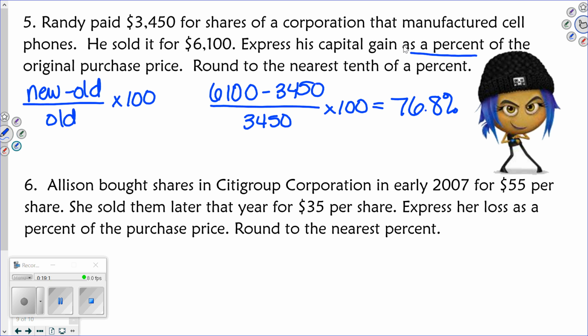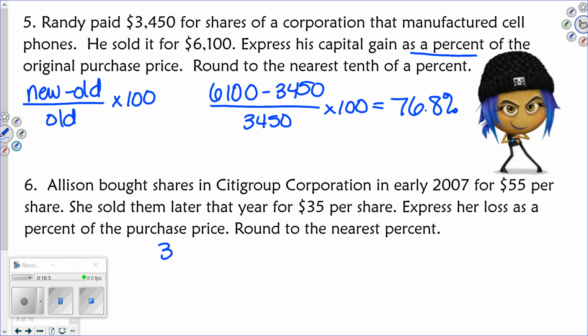And then Allison bought shares of Citigroup Corporation in early 2007 for $55 per share. She sold them later that year for $35 per share. Yeah, that sucks. Express her loss as a percent of the purchase price. Round to the nearest percent. So which one's the new?